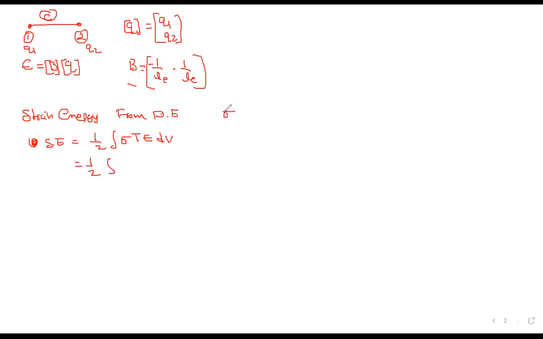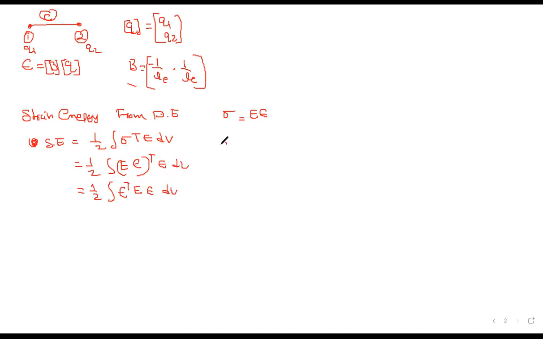I know that sigma is equal to Young's modulus times epsilon. If you substitute here, that is Young's modulus times epsilon transpose times epsilon dV. Further simplifying, half times the integral of epsilon transpose times Young's modulus E times epsilon dV.